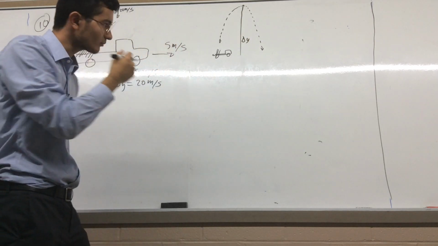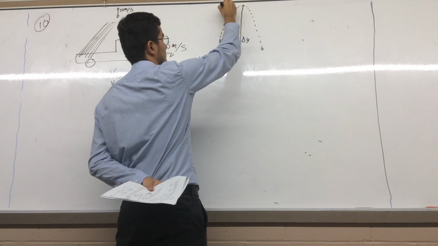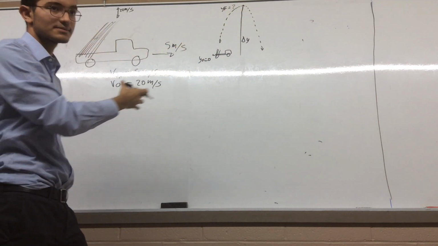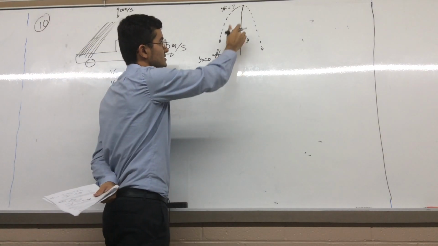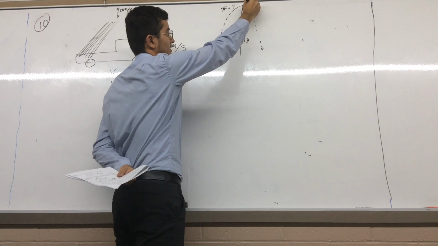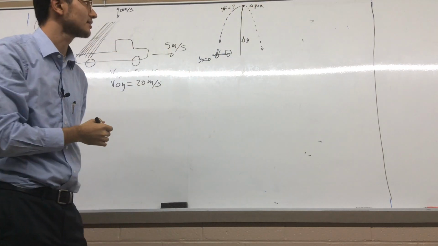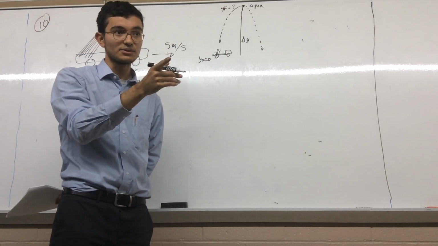We know y0 is equal to 0. We want to find y final. Now, this is a projectile motion problem. What do we know about the velocity at the apex? This is called the apex. What do we know about the y velocity at the apex? It's 0. Well, that's the y velocity, right? Is it 0 or is it x?